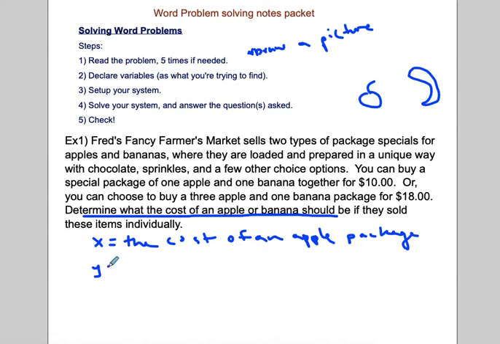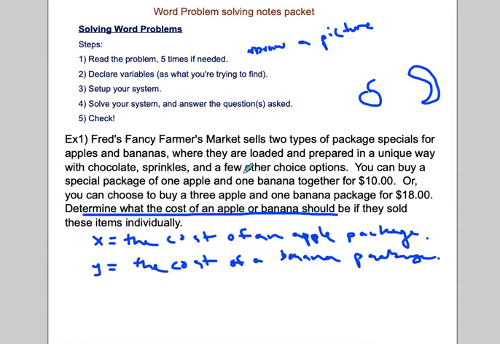And then Y would be the cost of a banana package. That says package, believe it. Great, so step 1 and 2 are done.